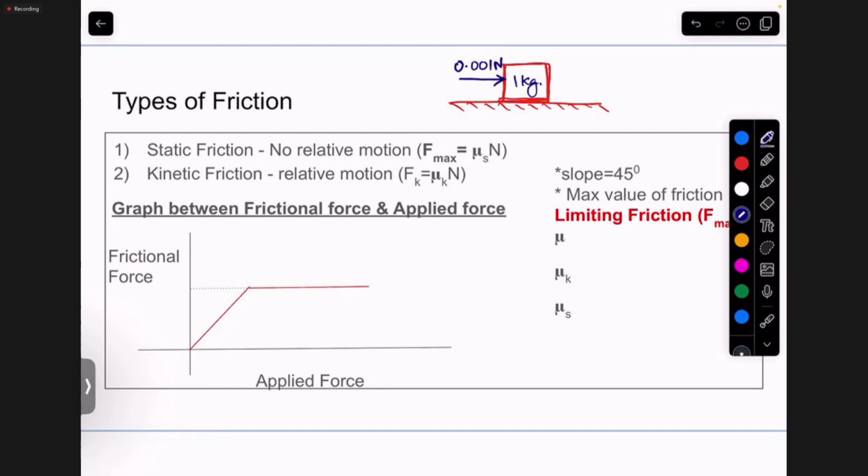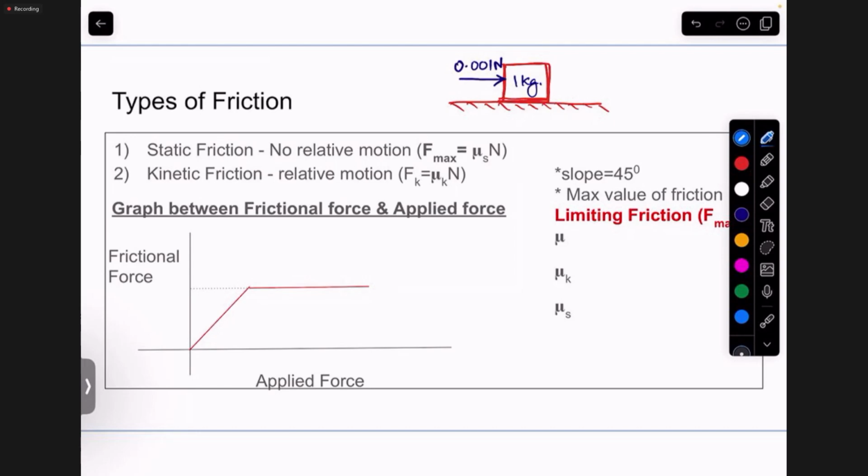Whatever is the magnitude of the force, if you apply a net force, it will tend to change the state of the object, right? If it is at rest, it will try to move it. If it is moving, and you are applying the force in the same direction of motion, then it will try to accelerate it.